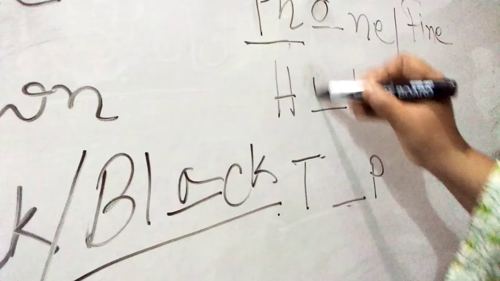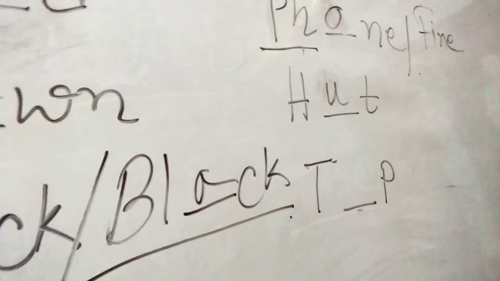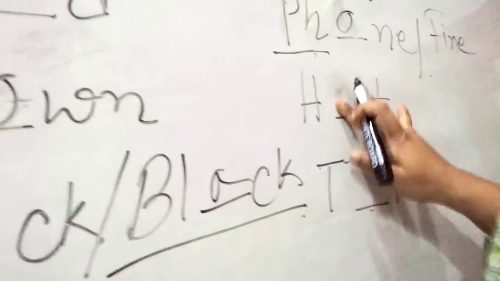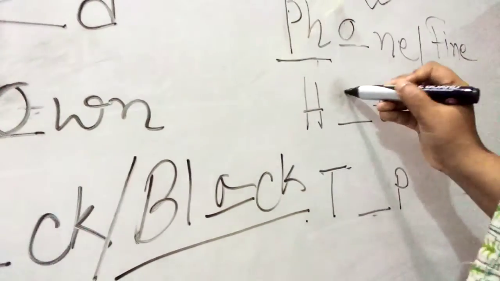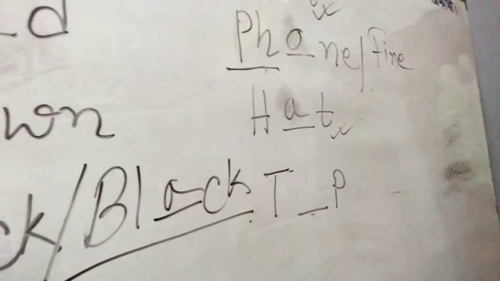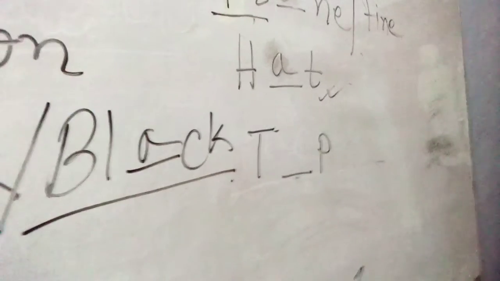If I put U, it becomes hut. Hut means a very small, tiny house or home. Then if I put A, it becomes hat. You have already gone through hat so many times. Hat means a kind of wearing, a kind of cap.